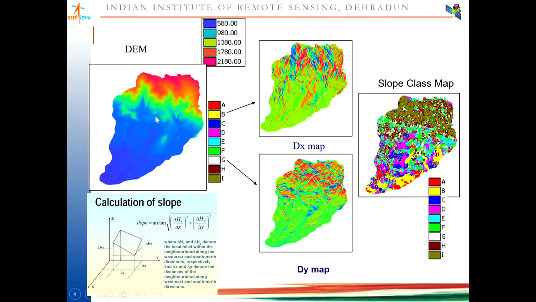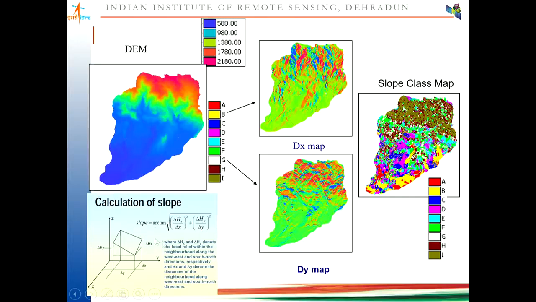Similarly, if you calculate the height difference in the y direction, you can generate the dy map. With these you can generate the slope map.